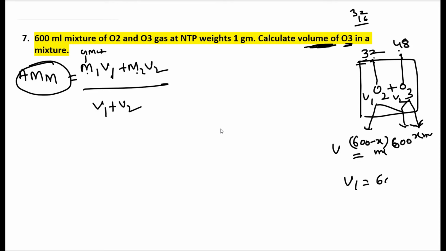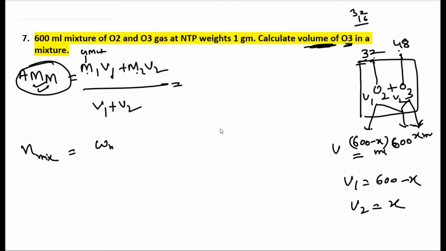Please closely observe, very simple problem. We don't know the molecular mass of the mixture. I already told you the molecular mass of the mixture is also called the average molecular mass. So how to calculate it? Number of moles of mixture is equal to weight of mixture by average molecular mass.